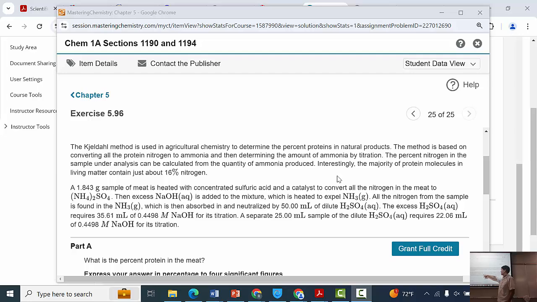The ammonia is then absorbed in and neutralized by dilute sulfuric acid. So this is kind of weird. What they're doing is trying to isolate the ammonium. The ammonium sulfate is in this digestion mixture here.